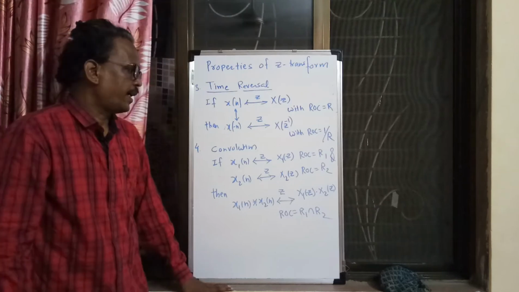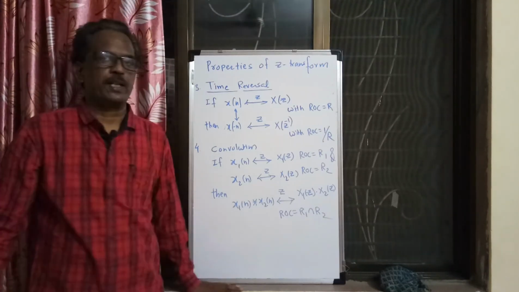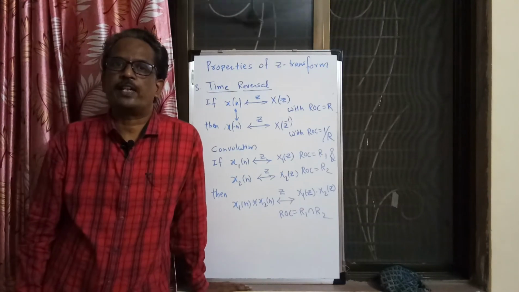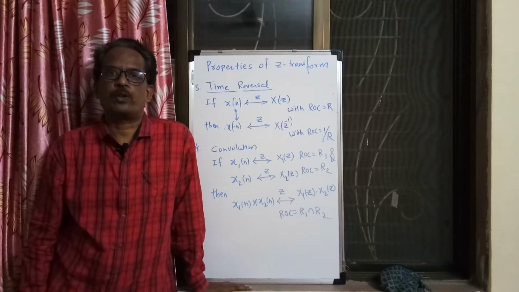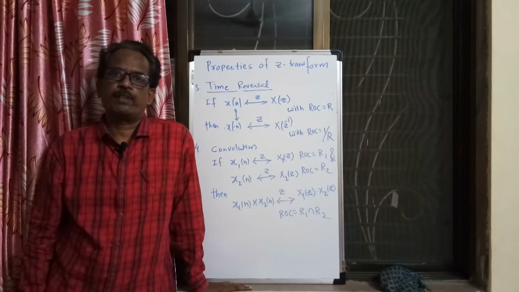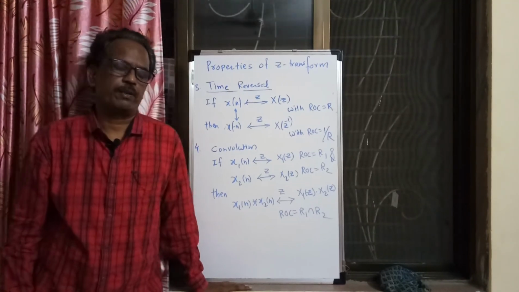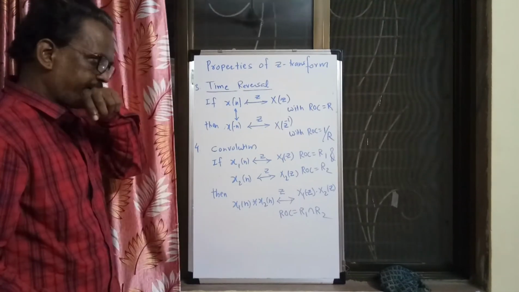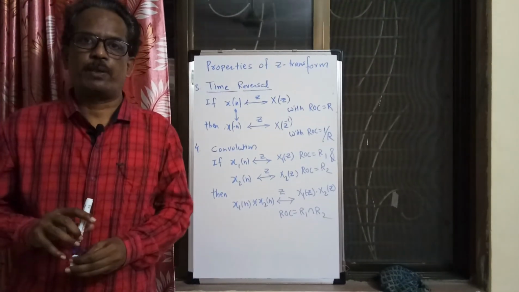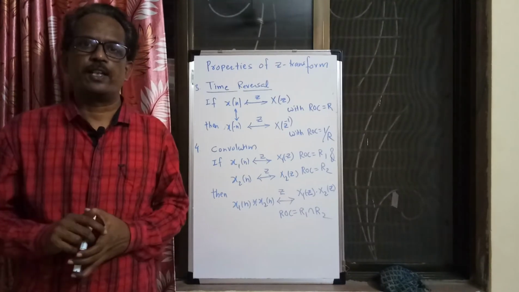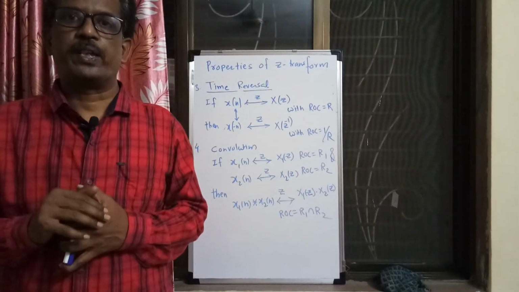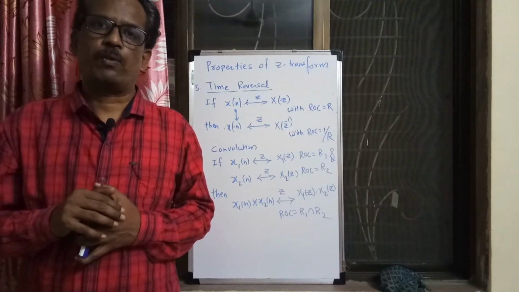Another very important property of z transform is convolution. We know that whenever a signal is passed through an LTI system, the output of the LTI system follows the convolution. So y of n is nothing but convolution of x of n with h of n. In the standard we say that the system is denoted by h of n, and when the input signal is x of n, the output is always h of n convolved with x of n.